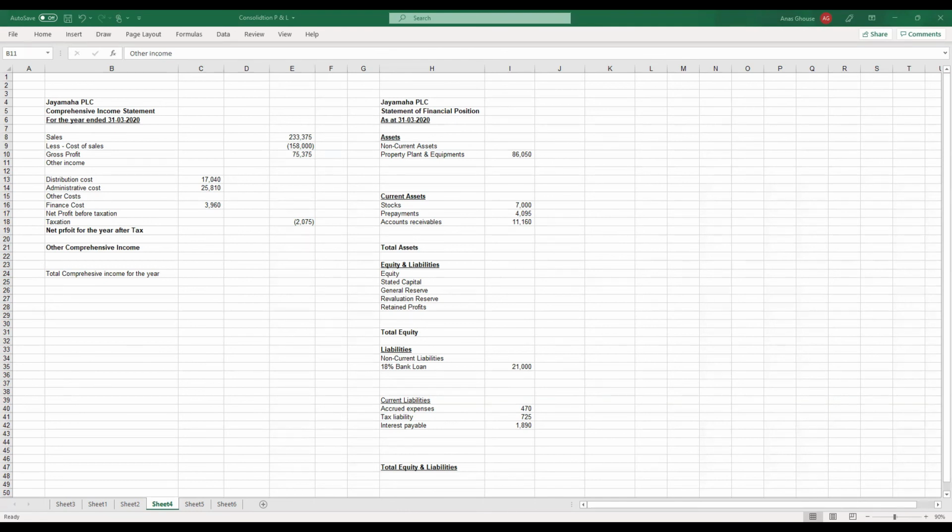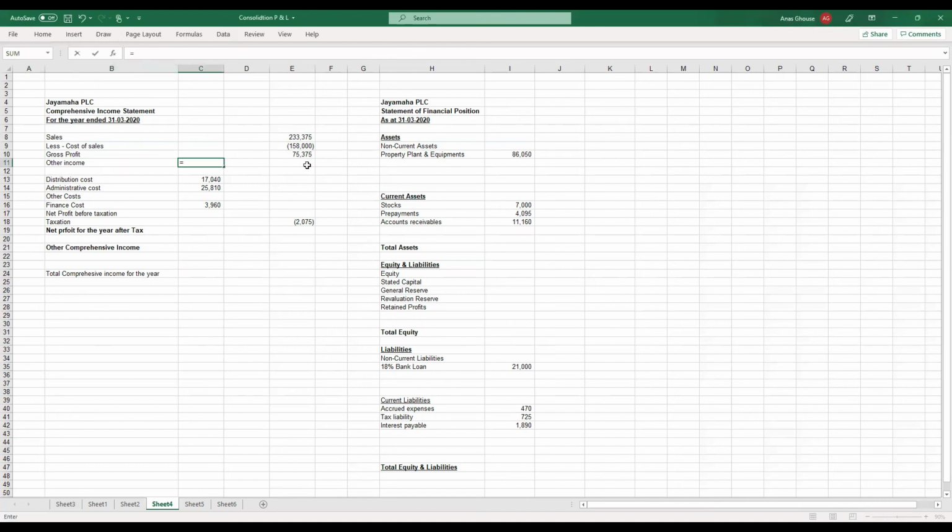Interest cost also we have taken. Bank charges has to be accounted, bank overdraft interest also should be accounted. Then we have other operational income 225, other investments, dividend on investments 480.